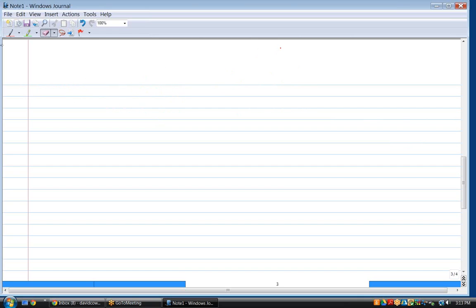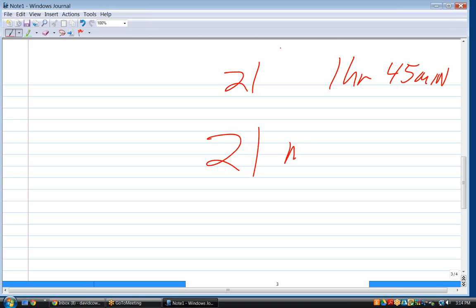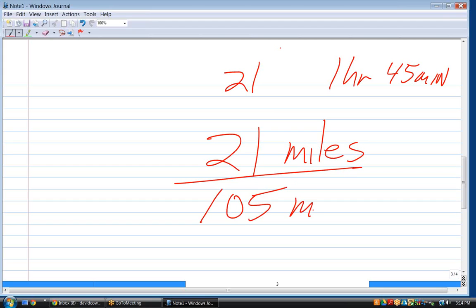What else you got? The next one is average velocity of a bicyclist and he travels 21 miles in 1 hour and 45 minutes. What is his average velocity during the entire time? Okay, how many total minutes did he take? 105. So it's 21 miles per 105 minutes.